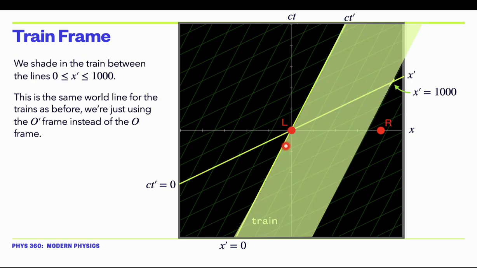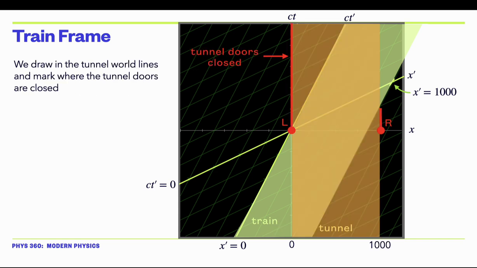This is the exact same shape that we saw in the previous slides when we were plotting it in the tunnel frame. Okay, so here's the train. Here's the tunnel. Tunnel is particularly easy, right? Its left edge is at the origin, and then you count over 4 boxes on the x-axis. So this is exactly what we had before. I'm showing you where the doors were closed by the red lines.